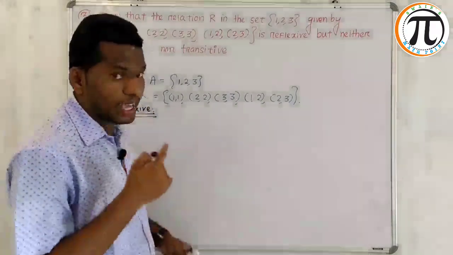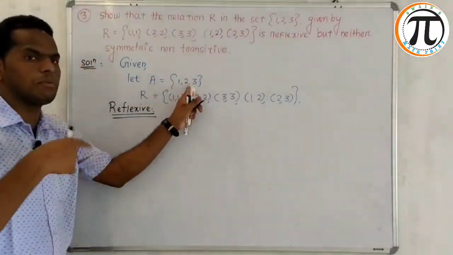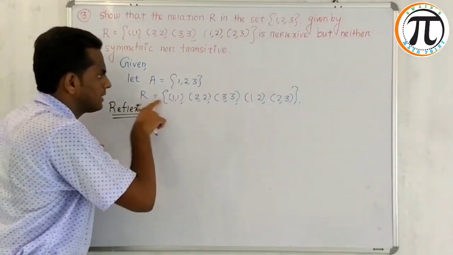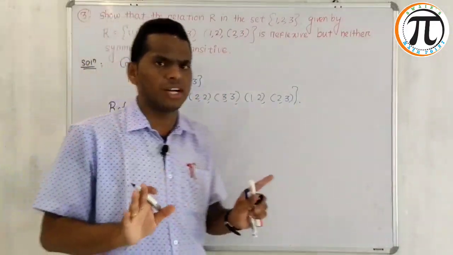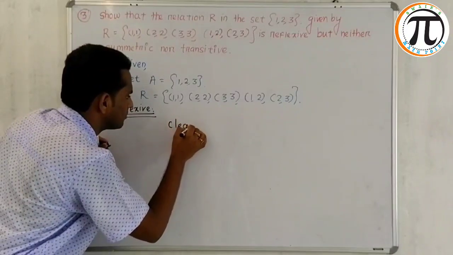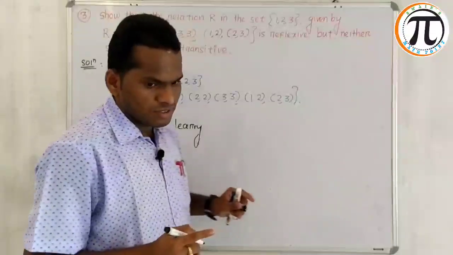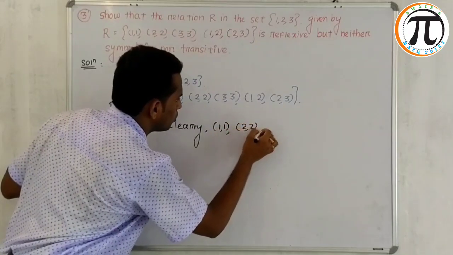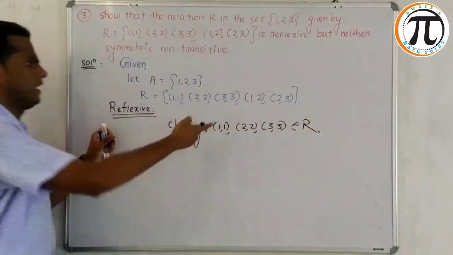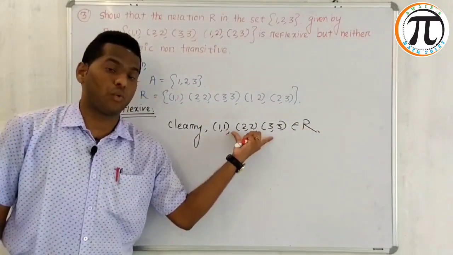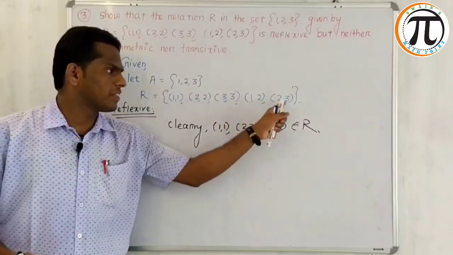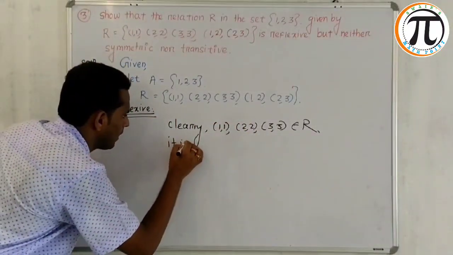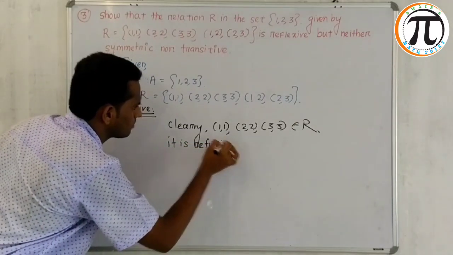For reflexive you have to prove that for every element in set A, the same image must come. So for 1, 2, 3 we need (1,1), (2,2), (3,3) in the given relation. Look, in the relation (1,1), (2,2), (3,3) are there, aren't they? If there are extras, no problem for reflexive, I have already told you. So clearly (1,1), (2,2), (3,3) belongs to R. Minimum 3 pairs are required because 3 elements are in the set. If extras are there, no problem, that is not the necessary part. The necessary part is these 3 pairs. Check. Since they are there, it is a reflexive relation. Clear?